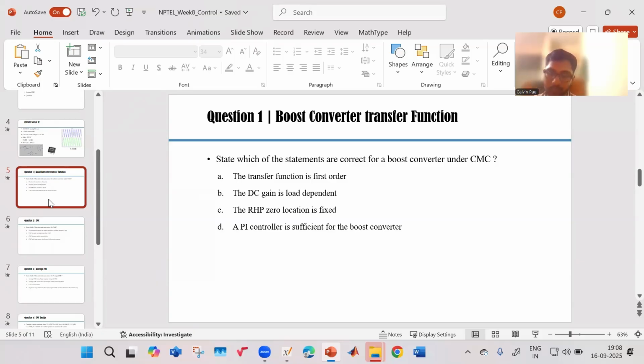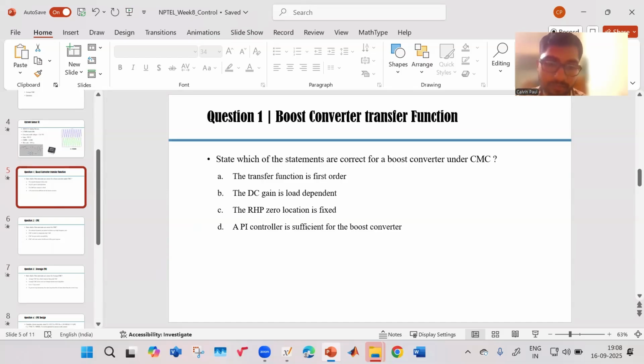First one is correct. First order, good. Then KDC is R into 1 minus D by 2. Good. So it is load dependent, and duty ratio dependent.